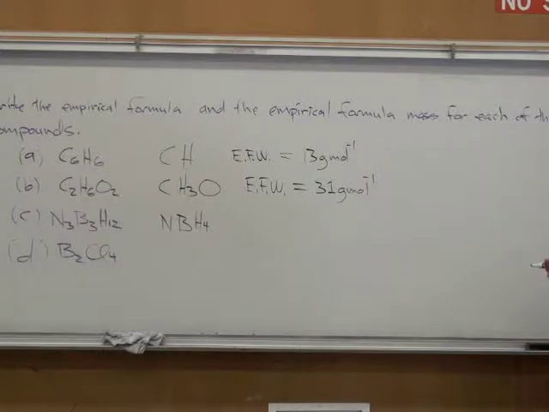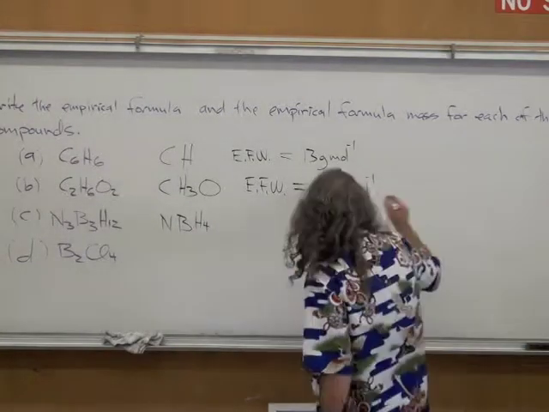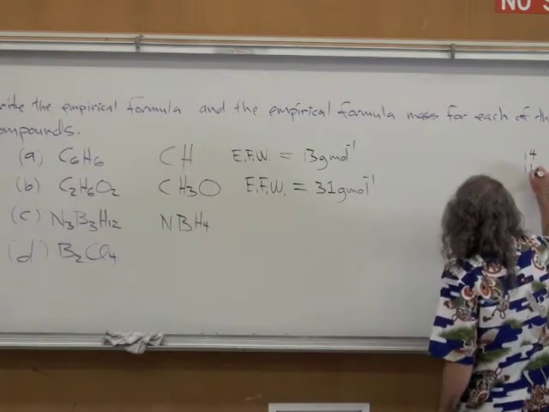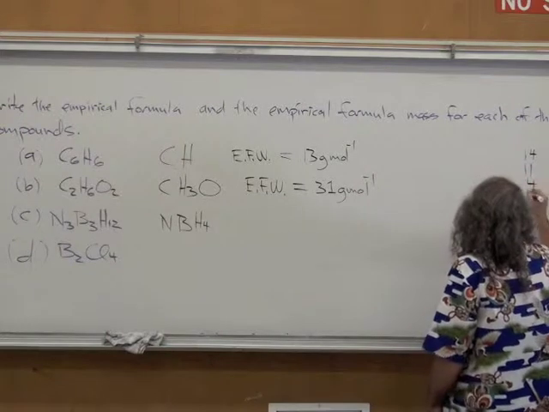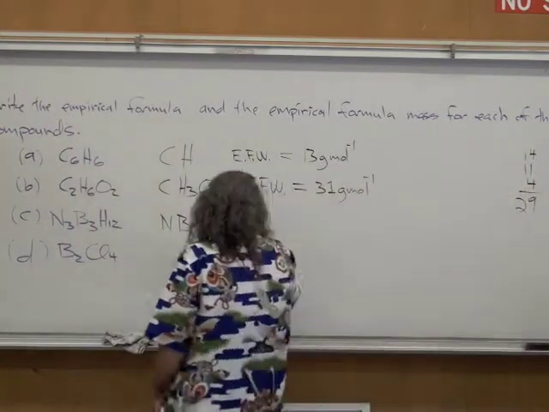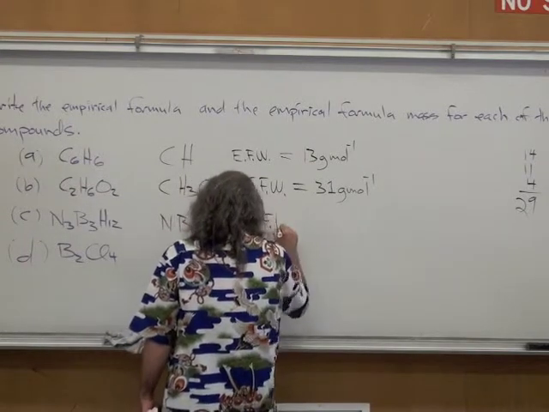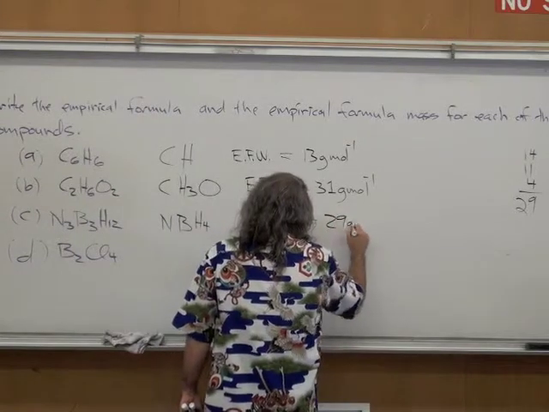Anybody got a periodic table nearby? Is it what, 11? 10.81, yeah, 11. So it's 14 plus, on the scratch paper, 14 plus 11, and hydrogen's 1, so 1 times 4 is 4. So that's 29 grams per mole. So EFW is 29 grams per mole.